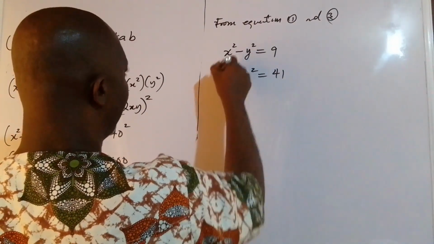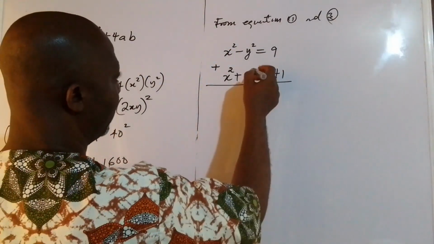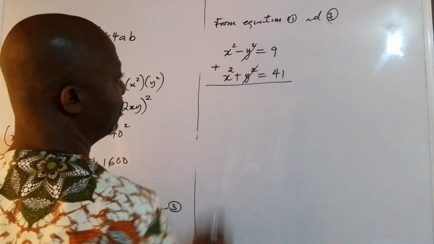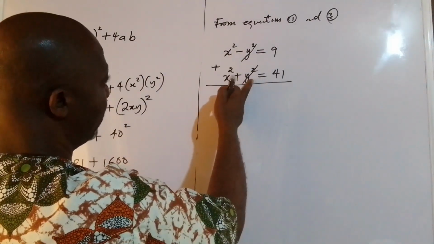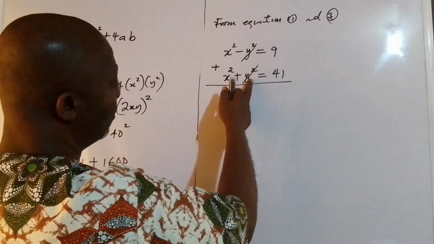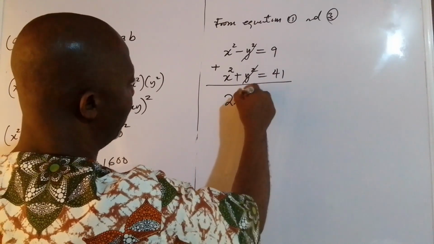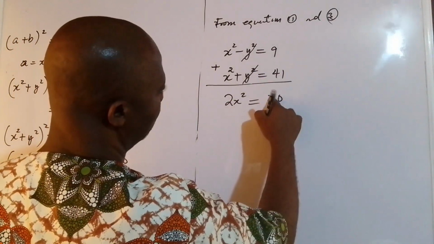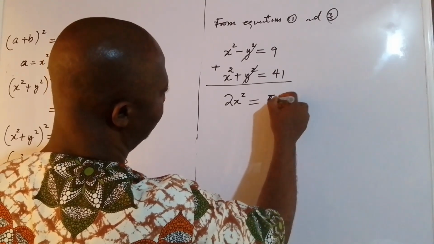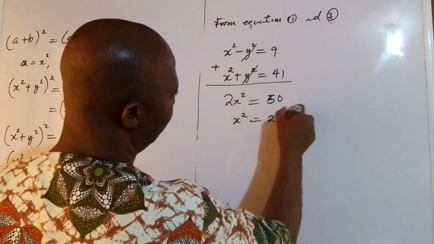First, let's solve by adding. If we add these two equations, the minus y squared and plus y squared cancel each other out and eliminate to 0. We are going to have 2x squared equal to 50. So that means x squared will be equal to 25.